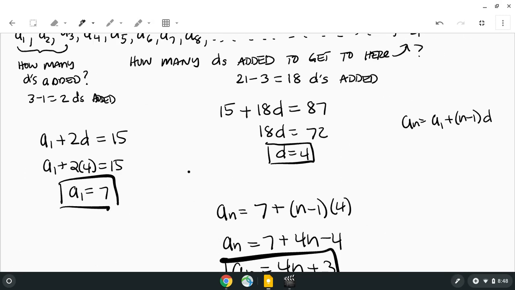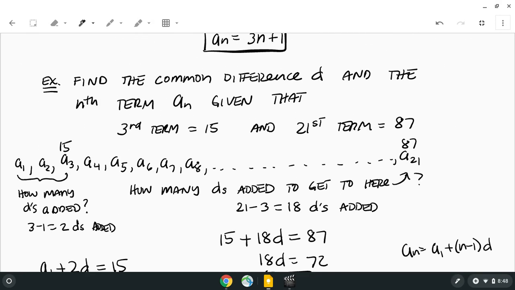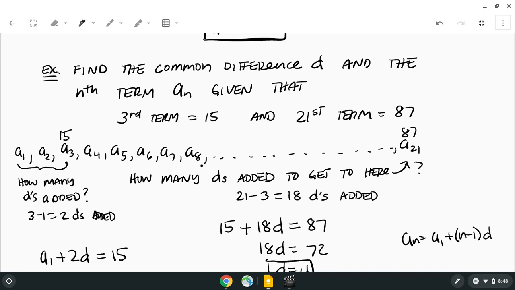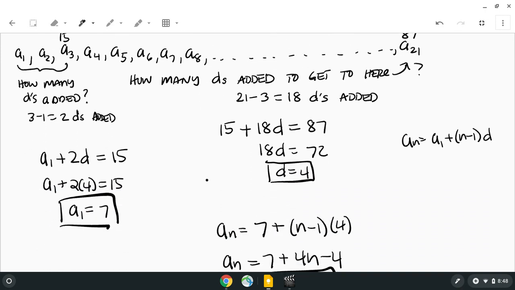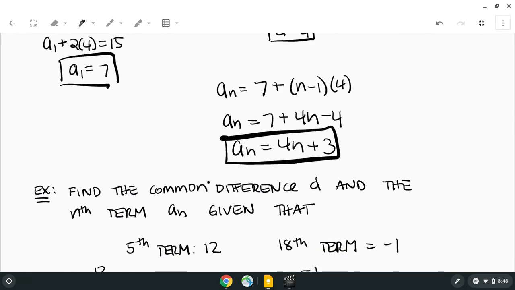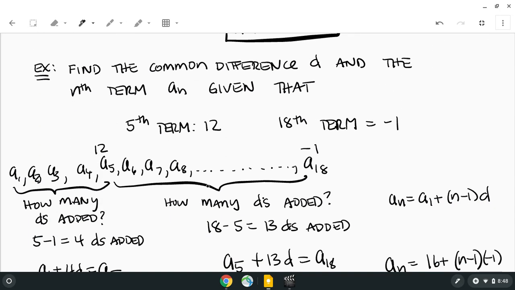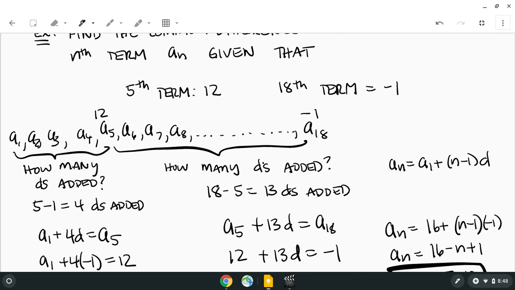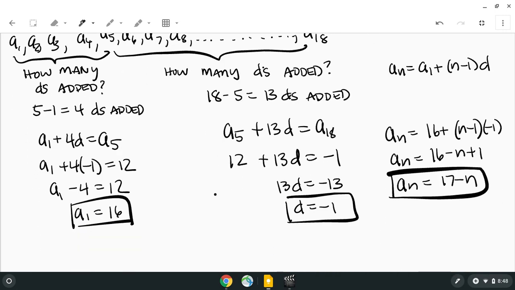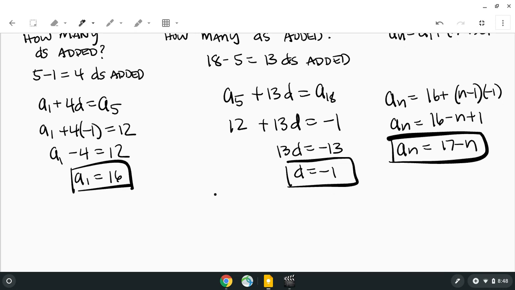If you're really lost with this method, there's another method that uses systems of equations. If you love doing those, give it a go. Just have a look in the book or hit the video explanation on these problems, and you'll see that method.